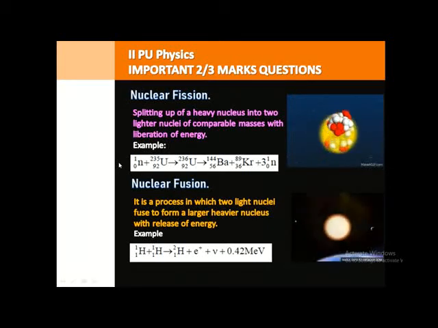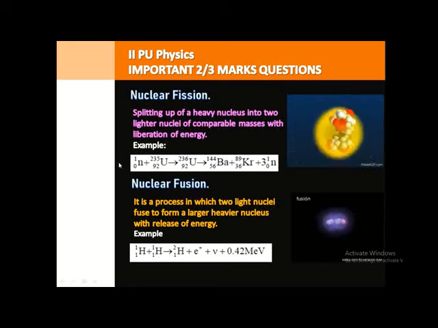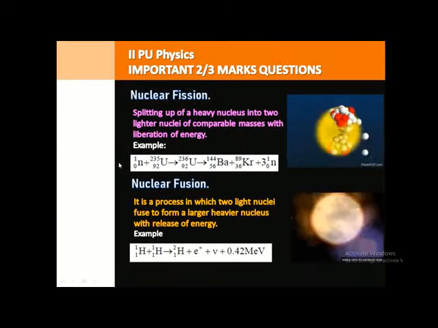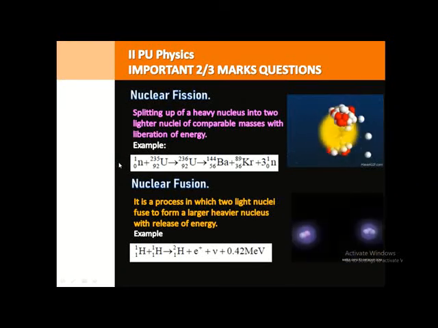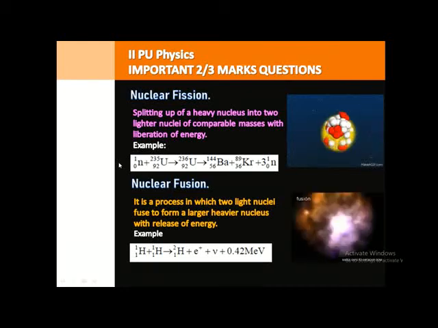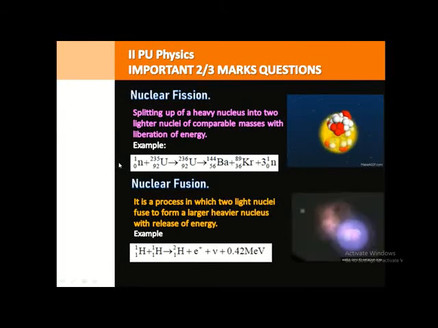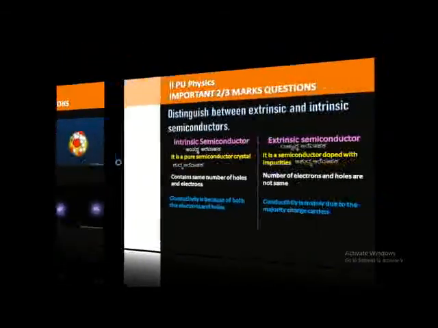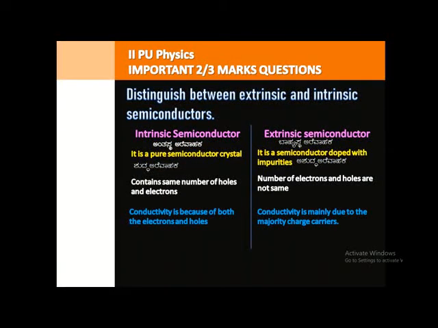Similarly, nuclear fusion is a process in which two lighter nuclei fuse to form a heavier nucleus with the release of energy. Example: two hydrogen atoms combine to form deuterium with a positron and a neutrino, and 0.42 MeV of energy.